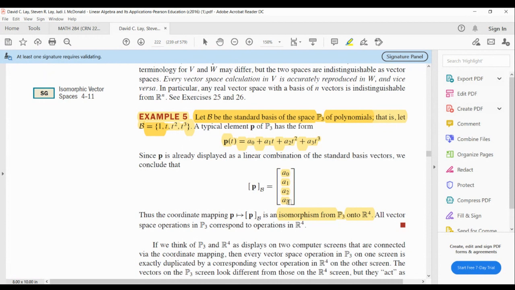If you give me any coordinate in four-dimensional space, I can associate that coordinate with a third degree polynomial. Does that make sense? Are there any questions?